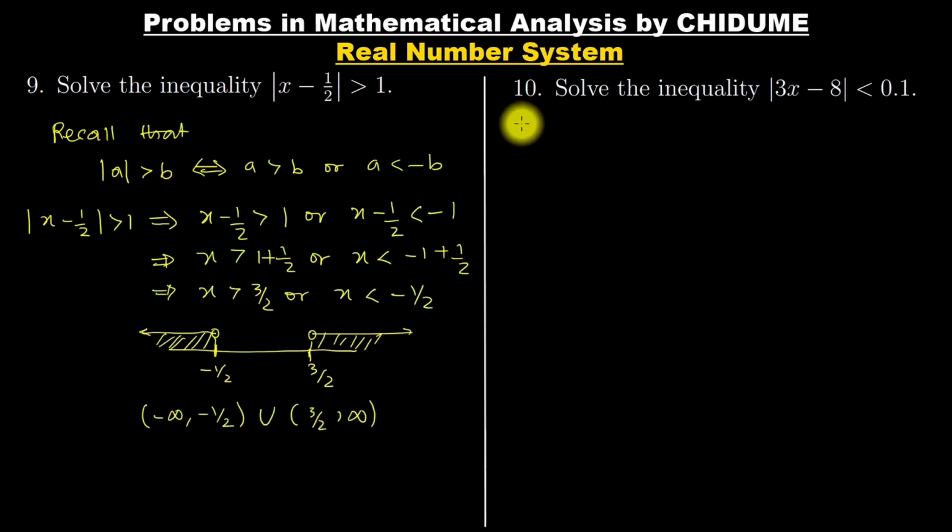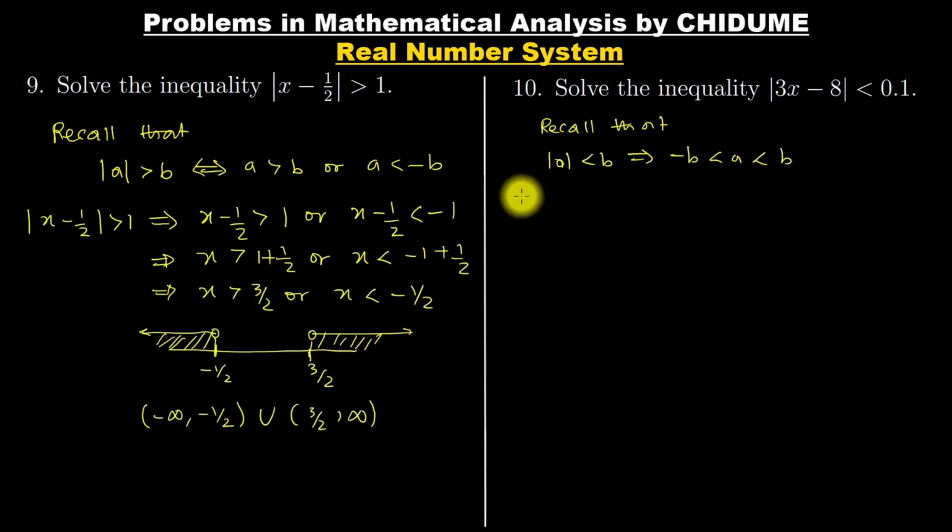And the last question for this problem solving series is this. We have to solve the inequality: the absolute value of 3x minus 8 less than 0.1. Again, you recall that if you have the absolute value of a less than b, this implies that the negative of b is less than a and is also less than b.